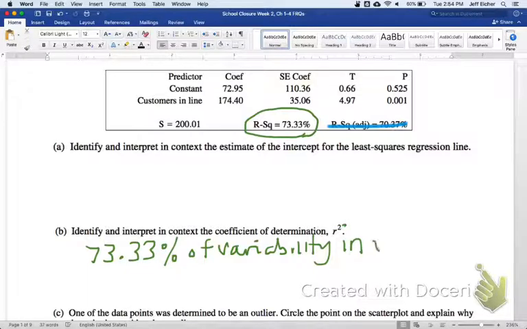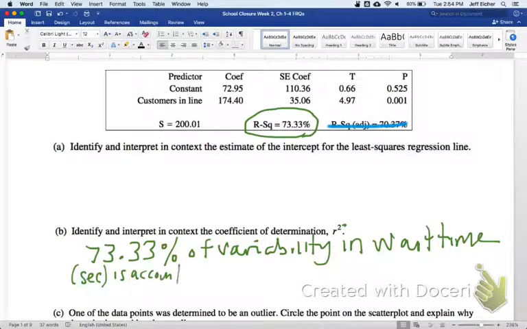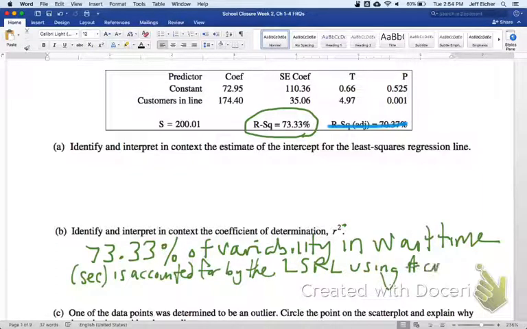The response variable is wait time, in seconds, is accounted for by the least squares regression line using the number of customers as our explanatory variable. So that would be the interpretation, or one of many possible correct interpretations.